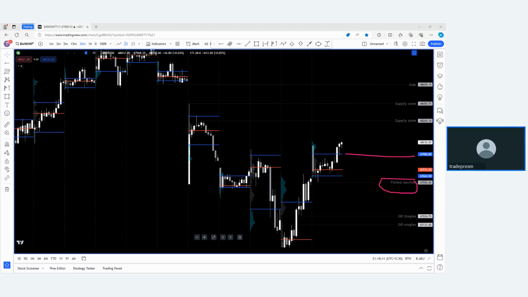We don't know at this point of time, but that could happen if we do not get a gap or a drive and we trade below 47,900 for some time. If we trade below 47,900, then possibly we could come and test this tail zone once again.